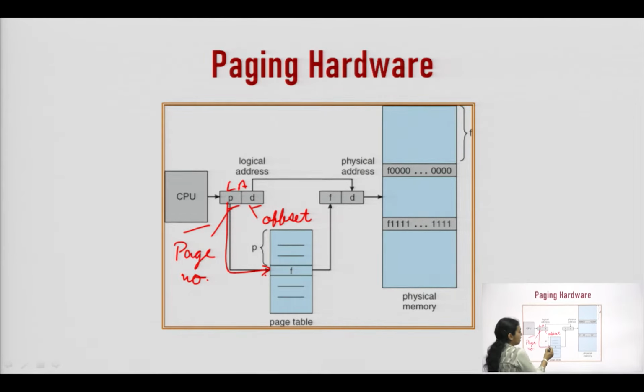Let us say we have one page here and we have got the location from here, that is your F, the frame number. From here the frame number is fetched and it goes here.